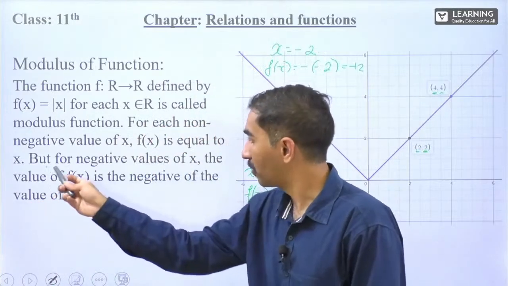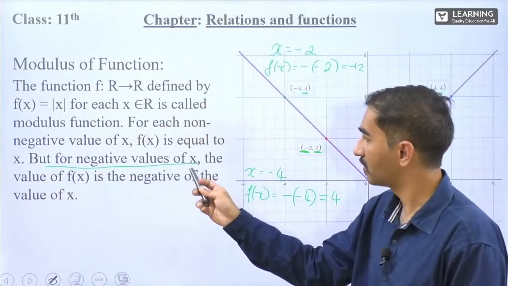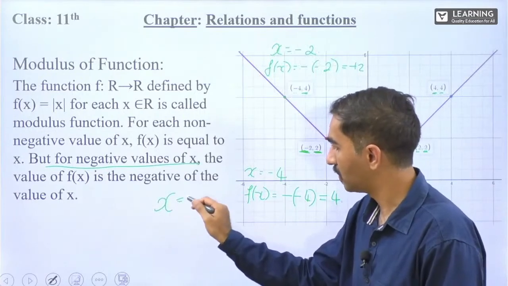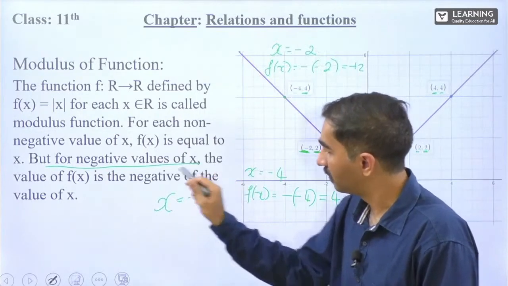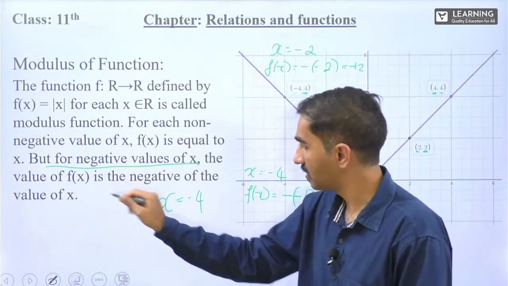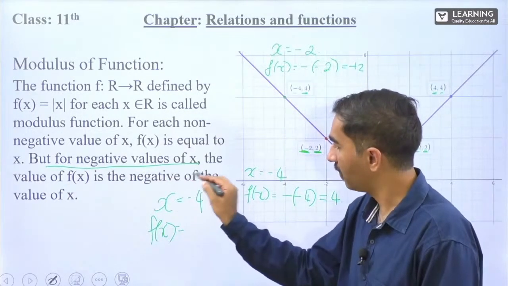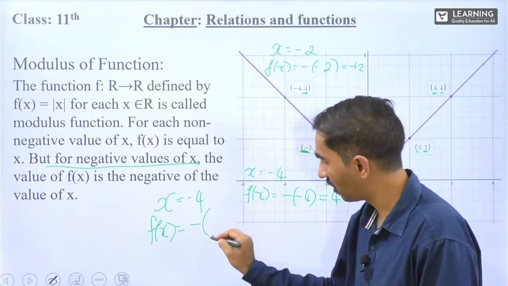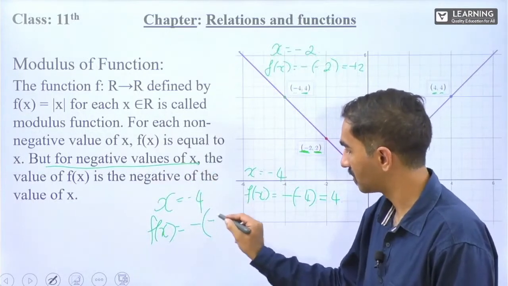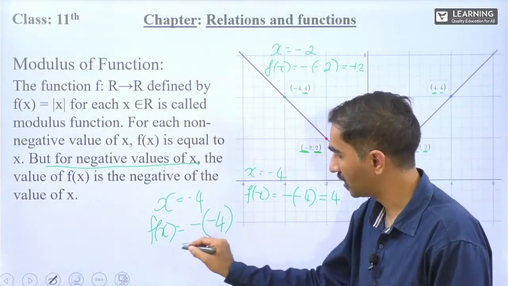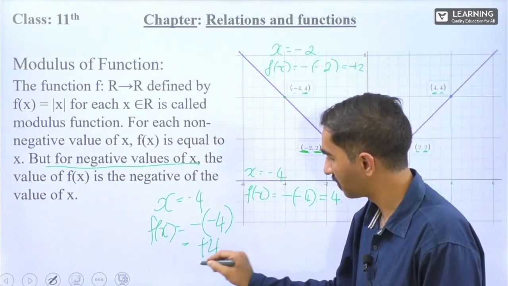See, but for negative values of x, what is x? X equals minus 4. The value of f of x equals the negative of the value of x, minus 4, which is equal to what, students? Plus 4.